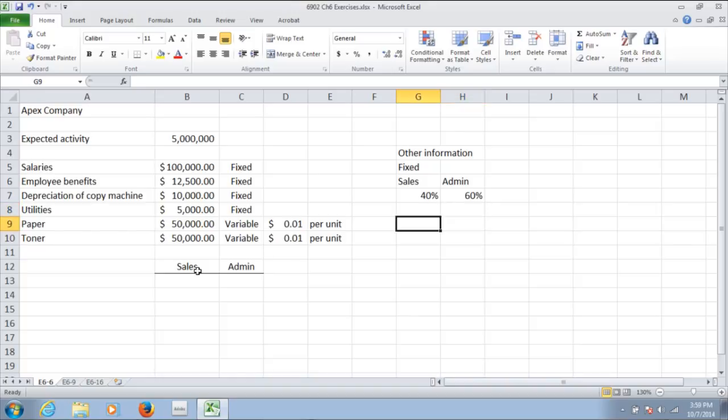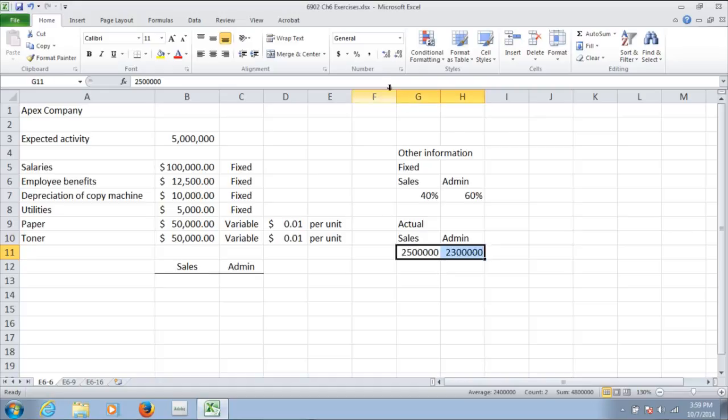And then in terms of actual activity, again for sales, we will have 2,500,000, and for admin, 2,300,000.